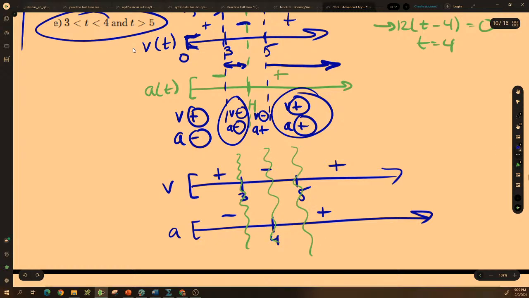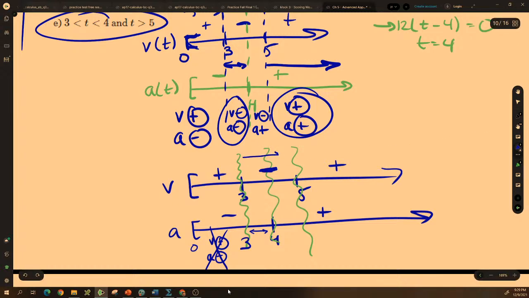Now, this first section is from 0 to 3. So between 0 and 3, the velocity is positive, the acceleration is negative. This does not work. Now the next section is from 3 to 4, right? The velocity up here is negative between 3 and 5.